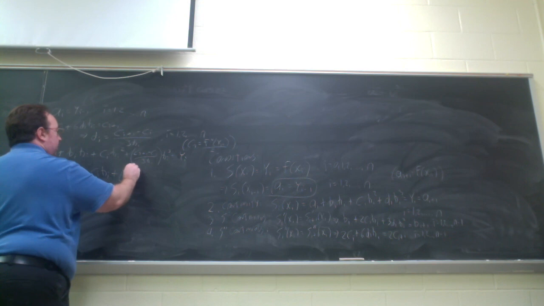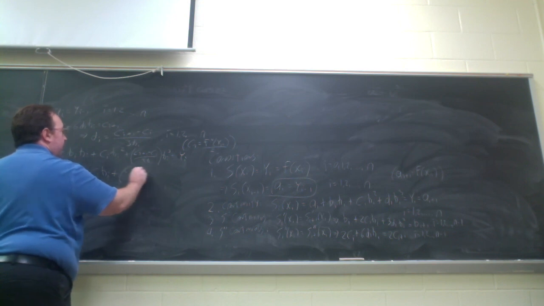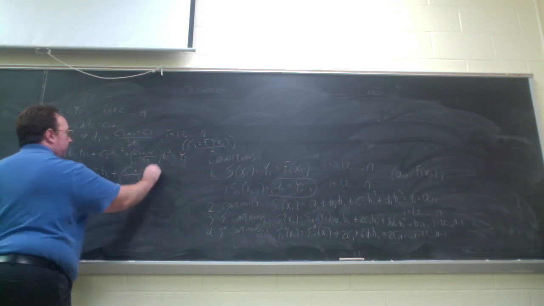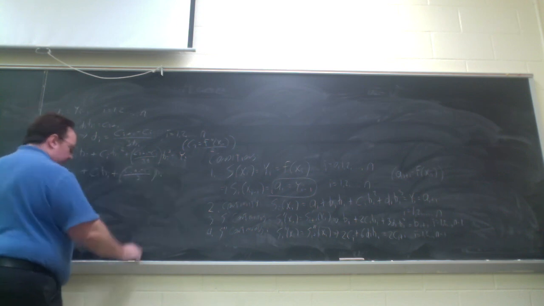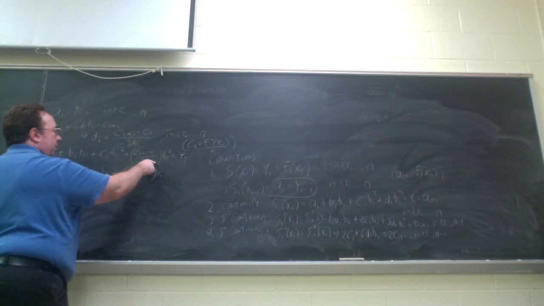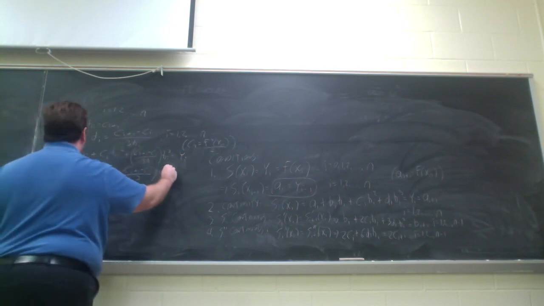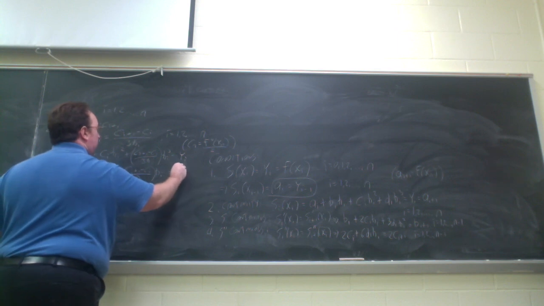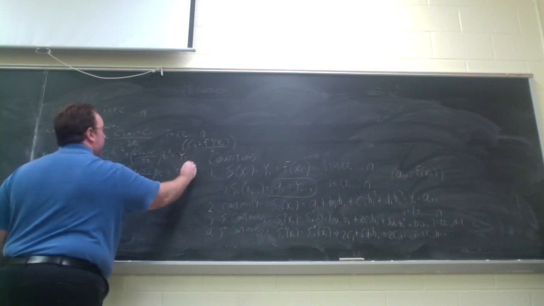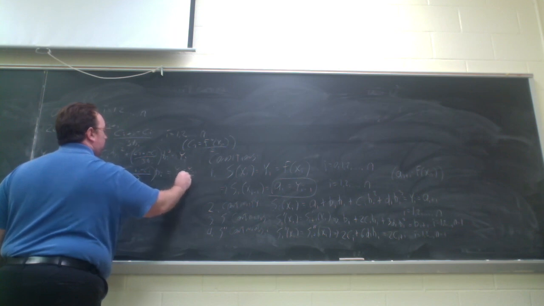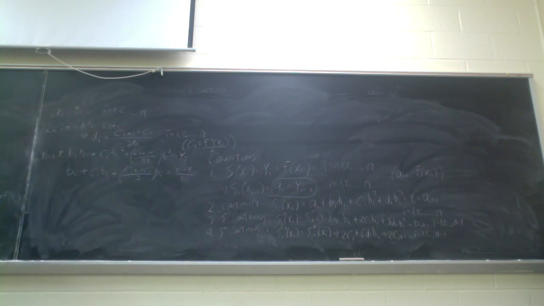Plus ci plus 1 minus ci over 3 hi, because I canceled one hi and then another from the whole equation, is equal to yi minus yi minus 1 all over hi.